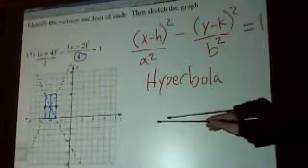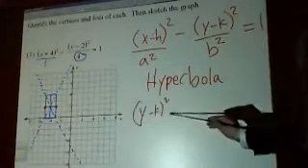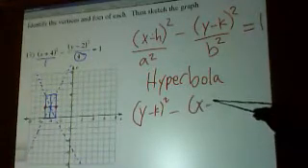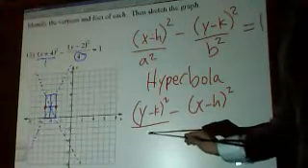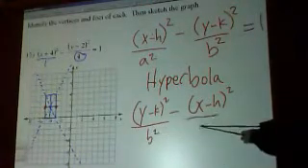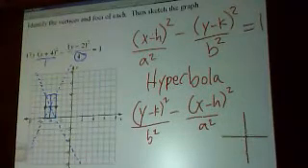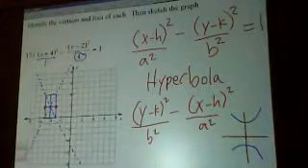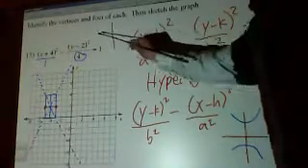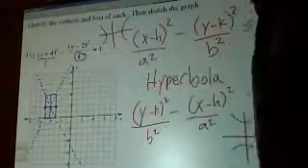If we had the other case around, if I had y minus k squared minus x minus h squared over b squared, and this is my a squared, this would be the graph of a hyperbola that opened up and down. The first would be the graph of a hyperbola that opens left and right.